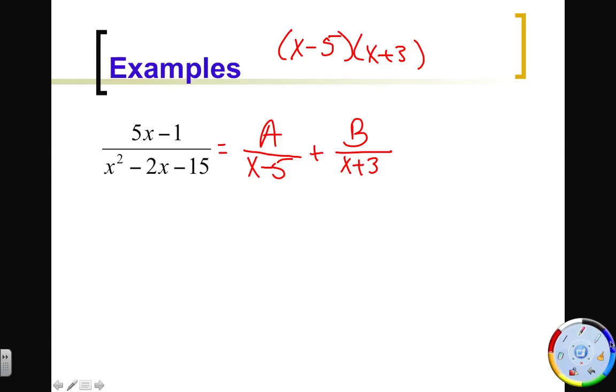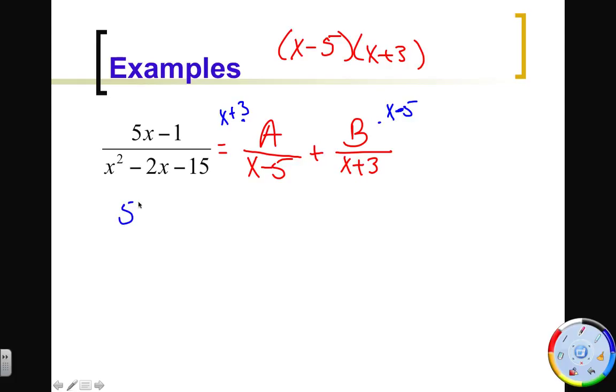Okay, so now the process. I'm going to pretend to add these functions together. Or if you think about before where we multiplied by the common denominator, that works as well, but not everybody quite grasped that. So this one I need to multiply by x plus 3, and this one I need to multiply by x minus 5.